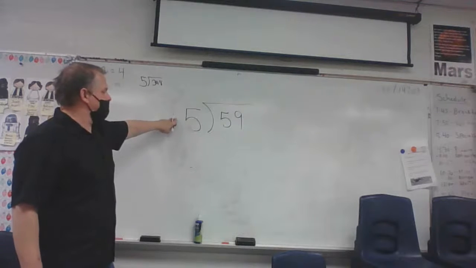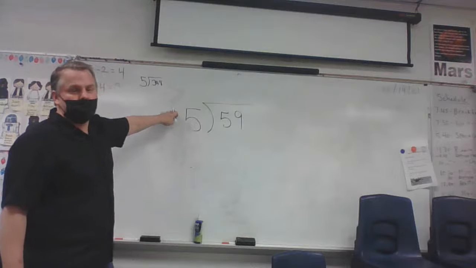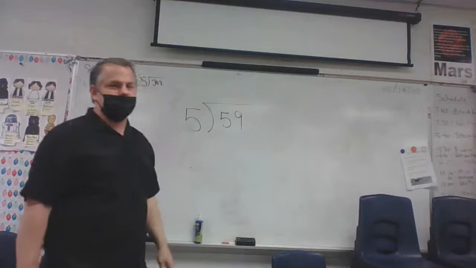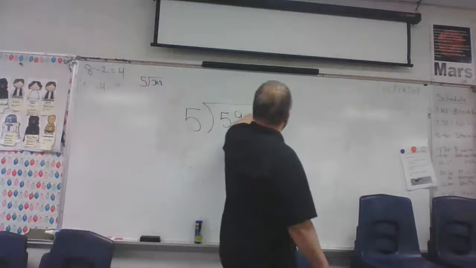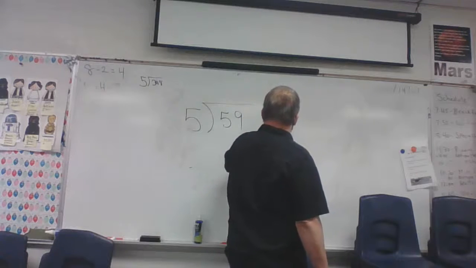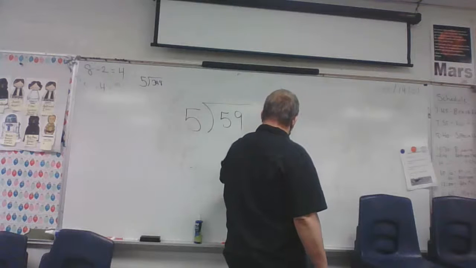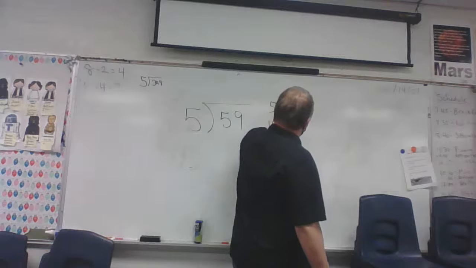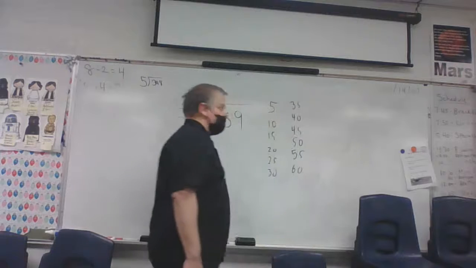Remember, when we did the 8, 4 divided into 8 is 2. Well, you got to count by 5s. This is what I want to get away from. 5, 10, 15, 20, 25, 30, 35, 40, 45, 50, 55, 60.